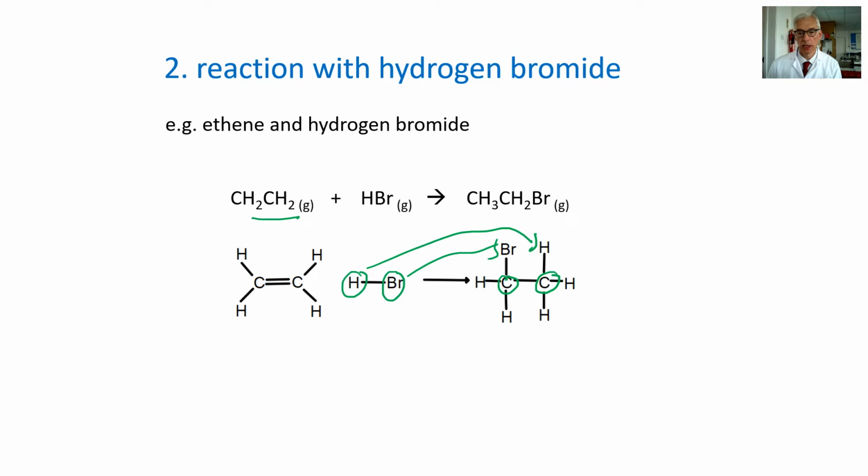So bromine goes to the left-hand carbon, as I've drawn it, and the hydrogen goes to the right-hand carbon. They both pick up one atom. The double bond has been lost, the pi bond has been lost, and we just are left with a sigma bond between the carbons. The reaction conditions, you may recall, room temperature and pressure.